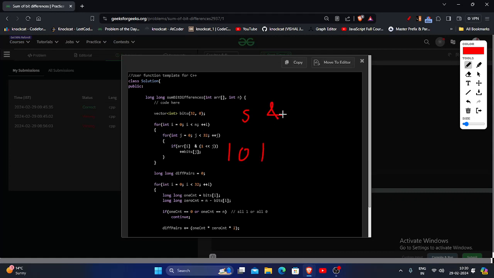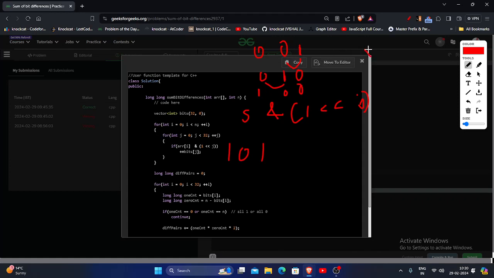What we do is 5 AND 1 left shift by j. This means shifting my 1 by j bits. If I shift my 1 by 1 bit, 1 would come here. If I again shift it by 1 bit, then 1 will come here.